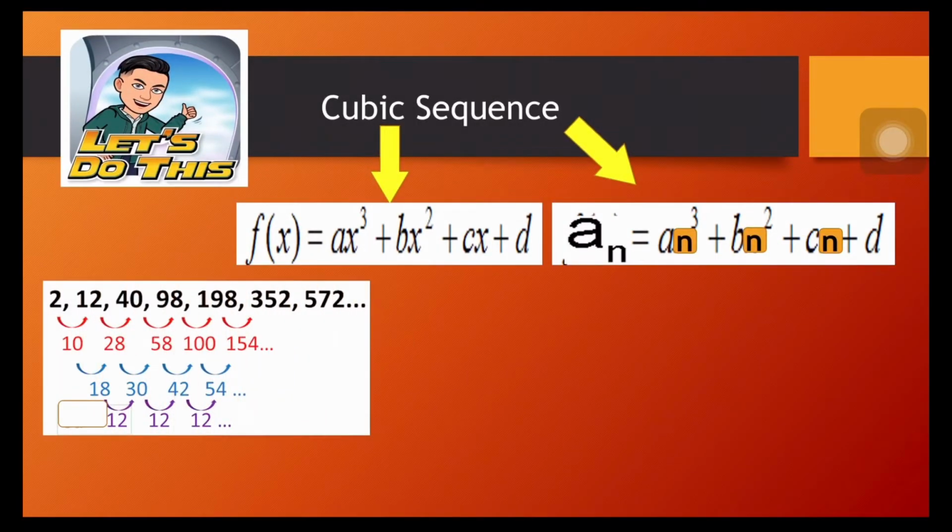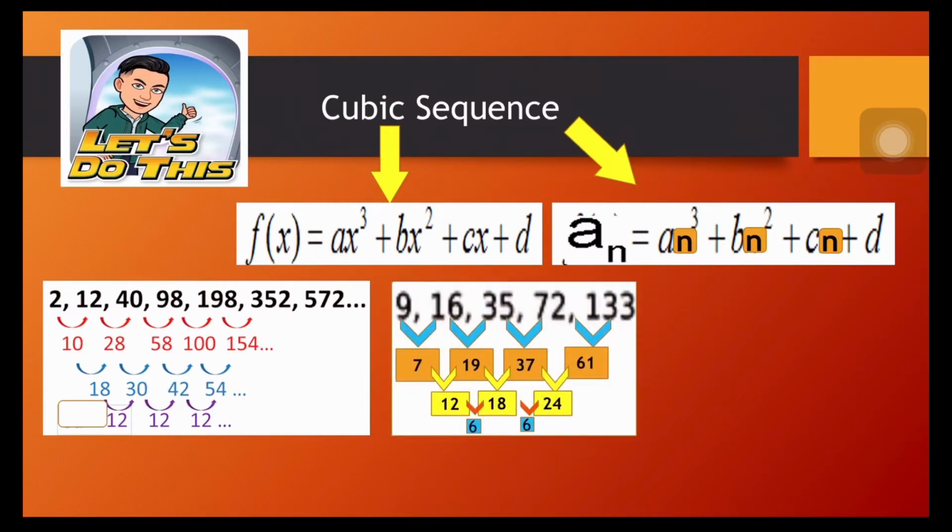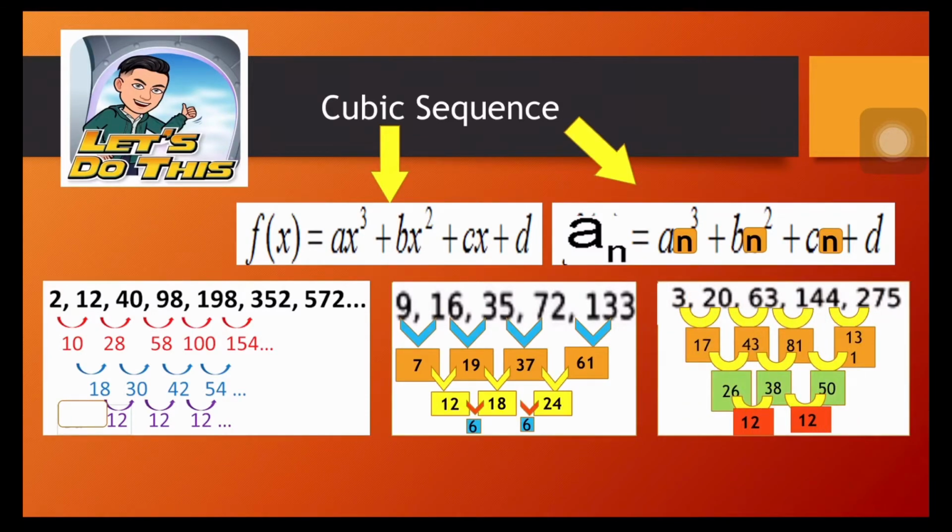Here are the three examples of cubic sequence. It is easy for you to find the value of a in each sequence if you have the common difference.